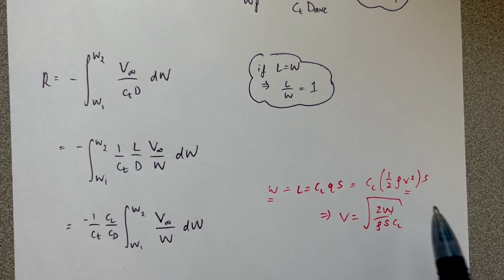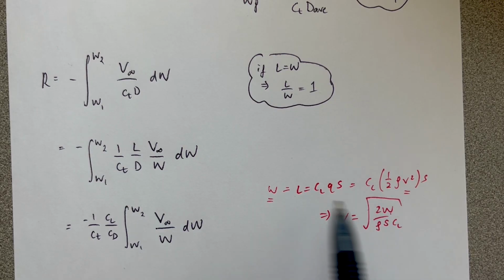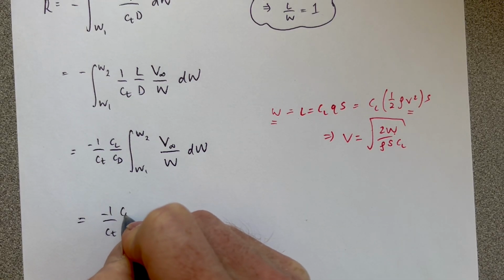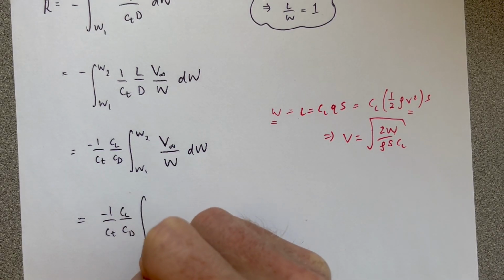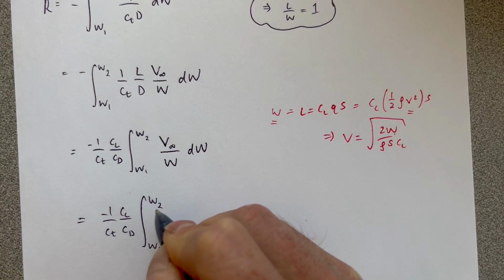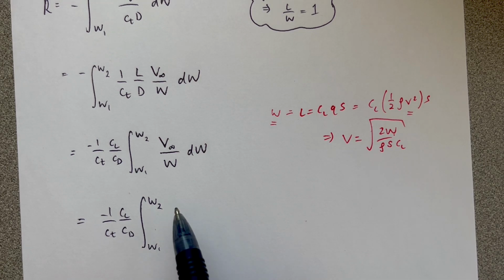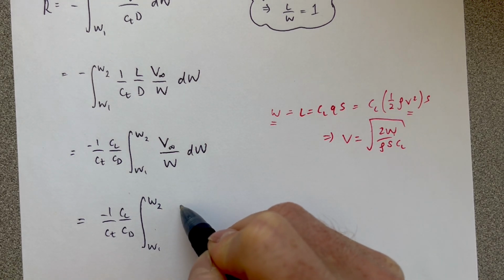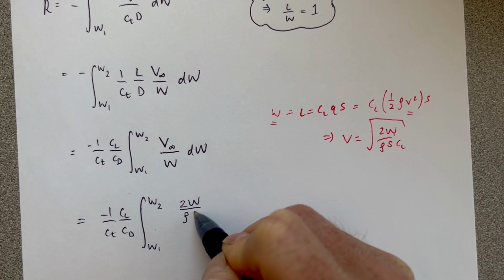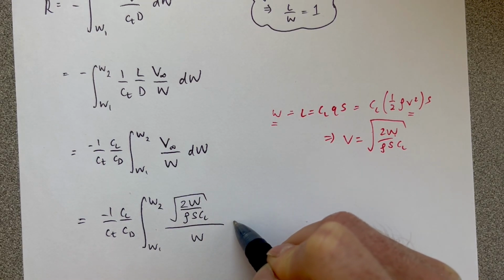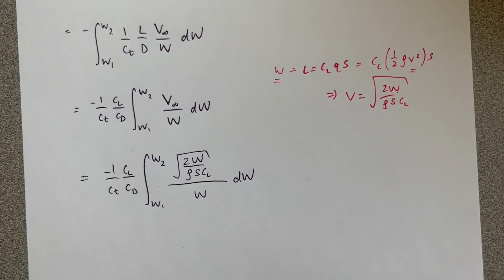So let's go ahead and replace this expansion for V into here. 1 over CT, CL over CD, integral from W1 to W2, then square root of 2W over rho S CL over W, dW.